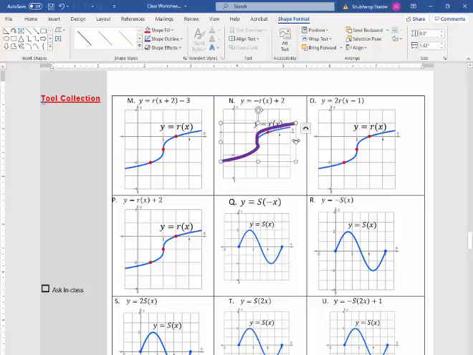Well, first, actually, it's going to flip over upside down, because of the negative on the front. Then up 2. 1, 2.